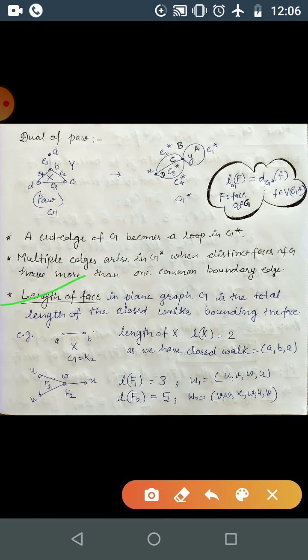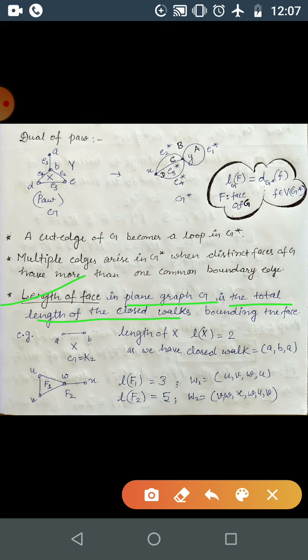Now the length of a face. To find the length of a face, the graph will be a plane graph. So in a plane graph G, the length of a face is the total length of the closed walk, or if there is more than one walk you will be considering both walks. All the walks present in the boundary you will be considering.